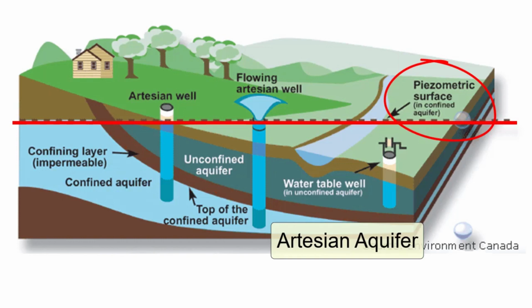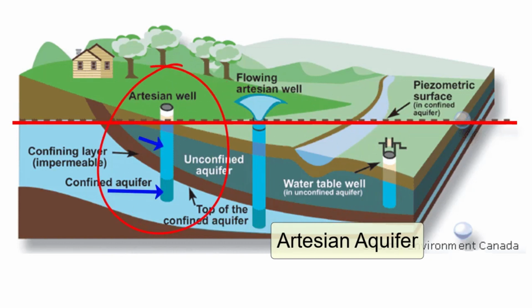Notice what happens when we drill wells into different parts of this system. This well on the far right was drilled into the unconfined aquifer downhill of the stream. It pulls only water from the top aquifer and will draw that water and anything in that water from up the hill. This well was drilled up the hill from the first one, and it was drilled through the unconfined aquifer and into the confined aquifer below.